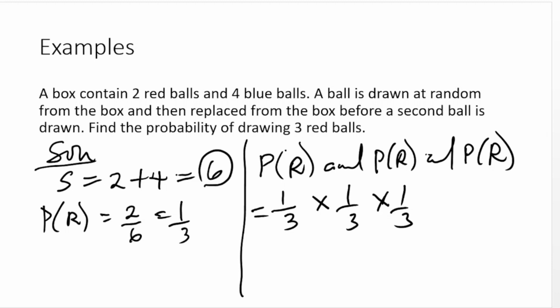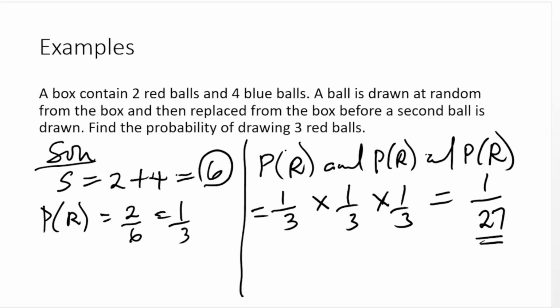The occurrence of the first ball does not affect the occurrence of the second ball, and the occurrence of the second ball does not affect the occurrence of the third ball. So the sample space will still remain since it is with replacement. So our answer will then be 1 over 27. I hope this is very clear. So that is that on the first example.